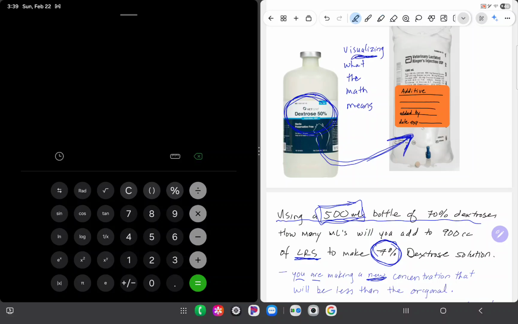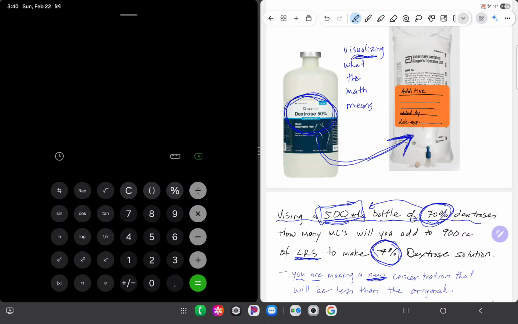When you see a 500 ml bottle of this heavy solution, the 70 should be your trigger of telling you what one of the concentrations is, and whatever number it's telling you is containing that 70%, that is not a number we need to pay attention to at all.